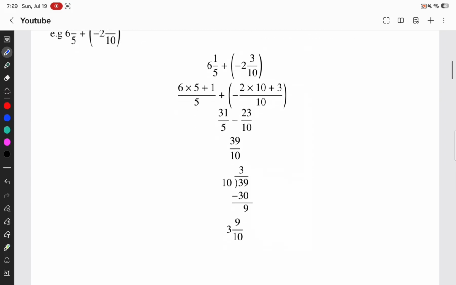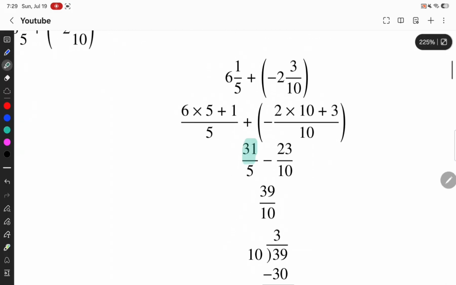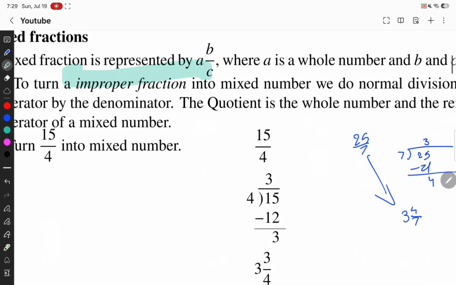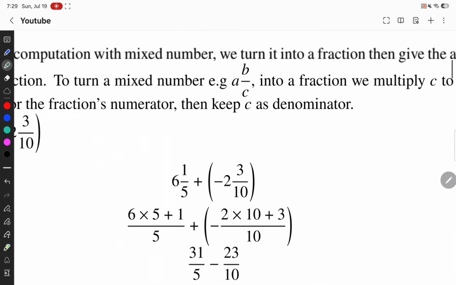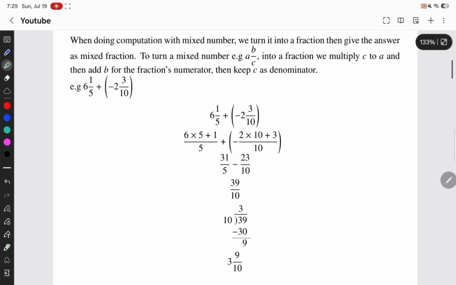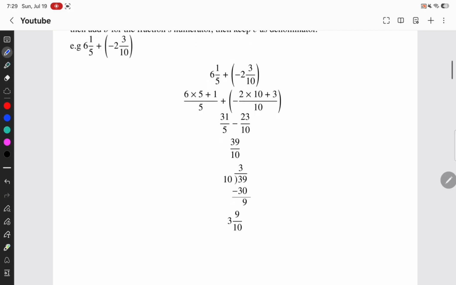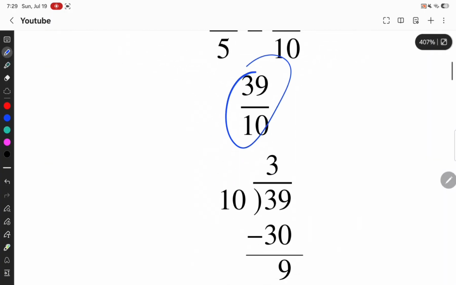See how we get an improper fraction after this. This is what I mean by turning a mixed number into an improper fraction and vice versa. Next, we get our answer as a fraction, but this is improper, meaning a question may ask you, I want it to be a mixed number.